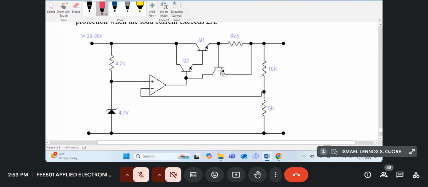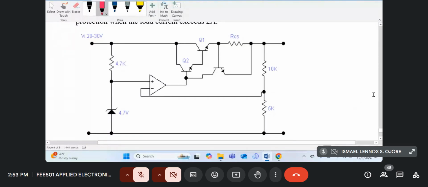This is to prevent short circuiting of our transistor Q1. If this is a Darlington transistor, meaning there are two transistors in one, it prevents the blowing up of these two transistors if somebody accidentally short circuits the output.